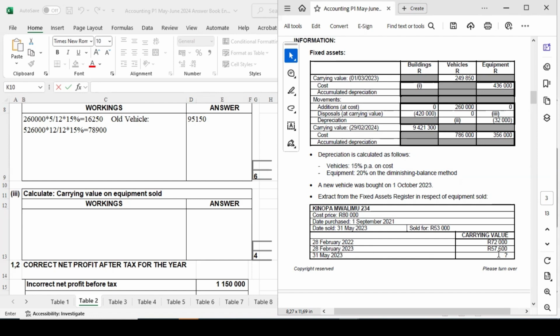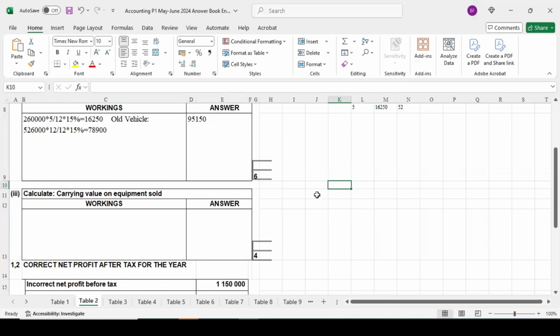So the carrying value at the end of the year for 2023 and the beginning of this current financial year, we had 57,600 rands. So the equipment was sold on 31st of May 2023. So in this current financial year, how long has the equipment survived this year? So it's March, April, May. So it only had 4 months this year for this current financial year.